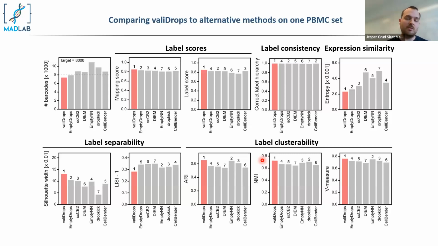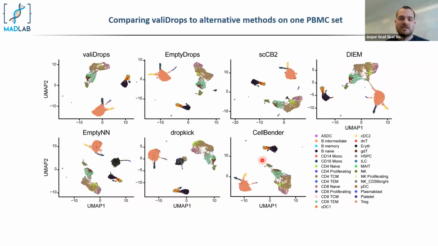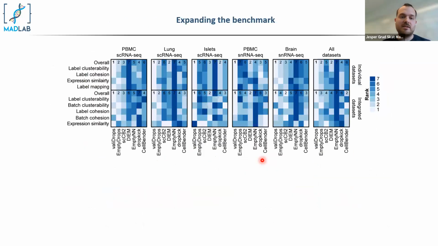So what we did from here was that we expanded this test to a lot more data sets. We took it into 47 different data sets from 4 different tissues. So we have PBMC, lung, islets, and then using single-nucleus RNA sequencing, we also have PBMC and brain.